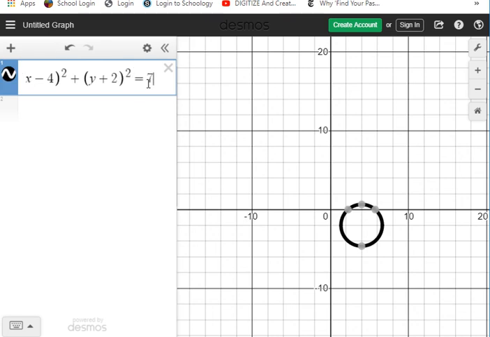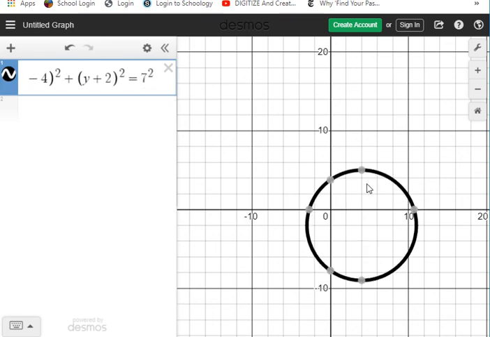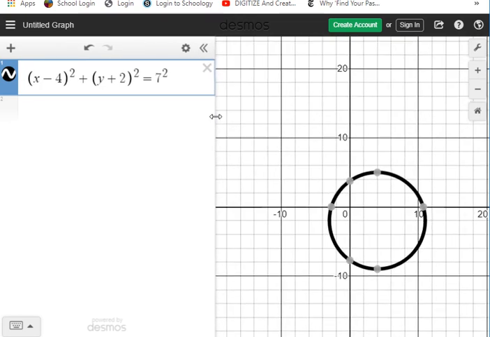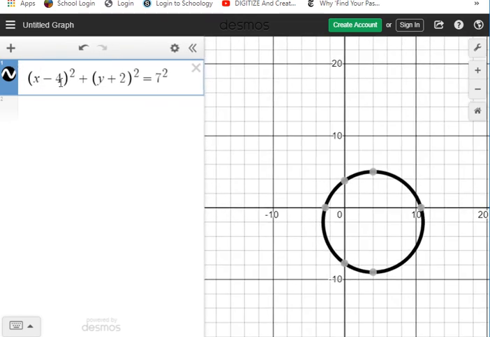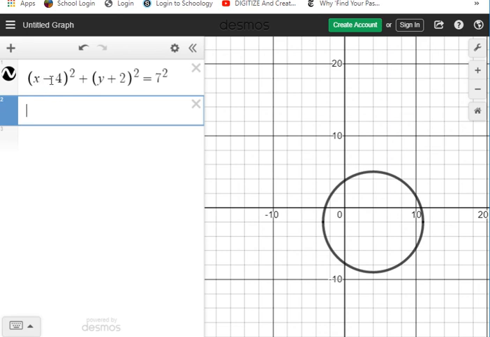Okay. But the center here is going to be h, k. Now, do be careful because it's x minus h, y minus k. And so the center here is actually going to be, and I'll map it out, 4 comma negative 2.